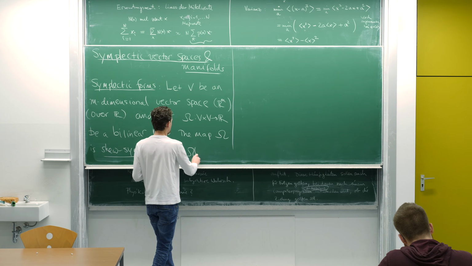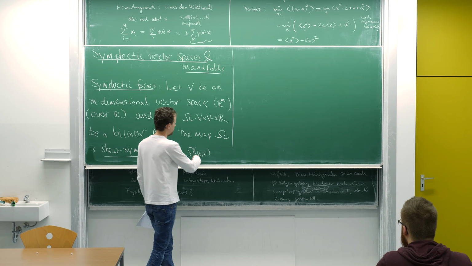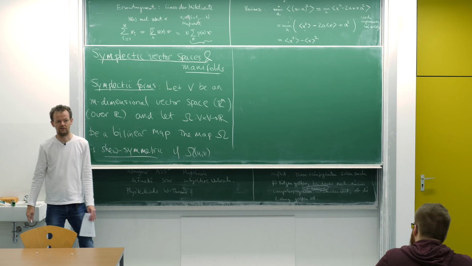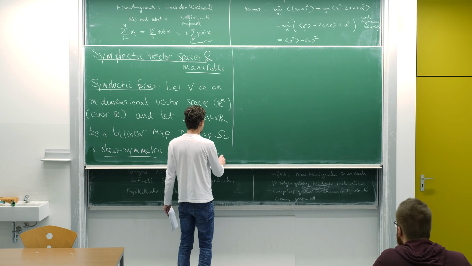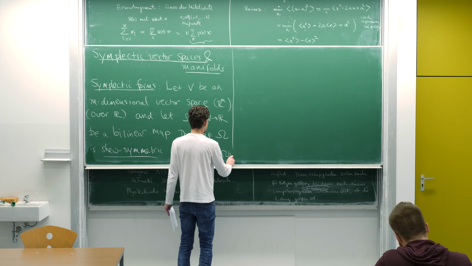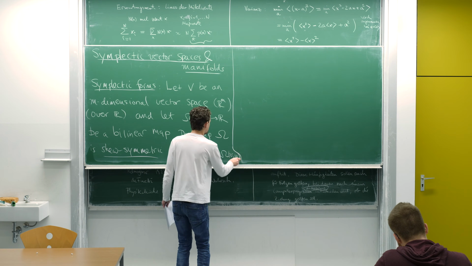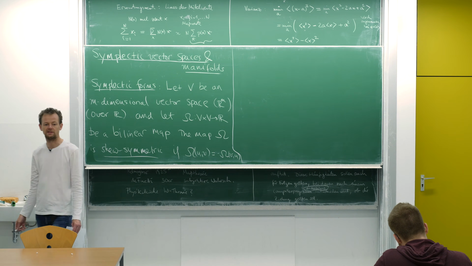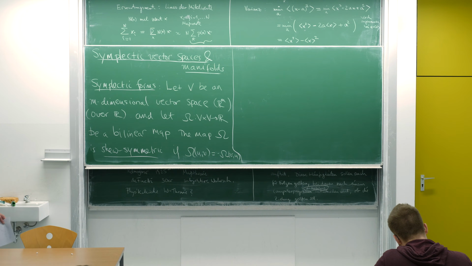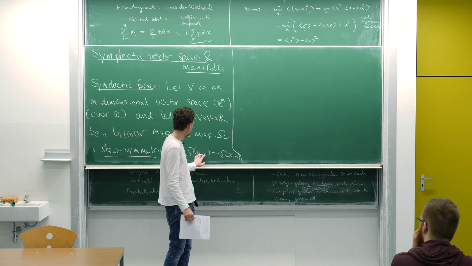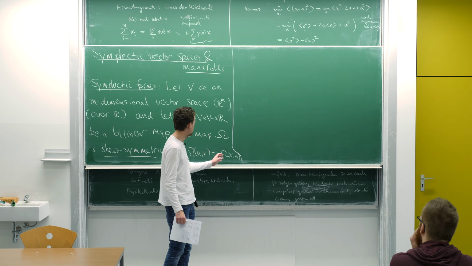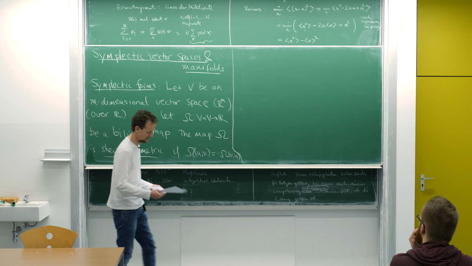It's skew symmetric if, when you put in a vector in the first argument and a vector in the second argument, that's always equal to minus what you get if you did it the other way around. Should already start to ring some bells. We've seen things like this before in this course. Things that, when you put in an argument, exchange sign when you exchange the arguments.